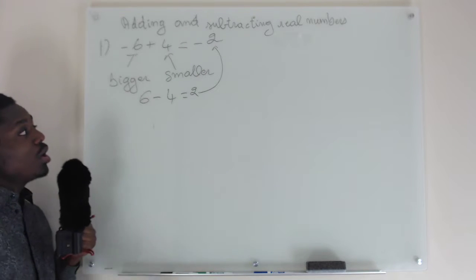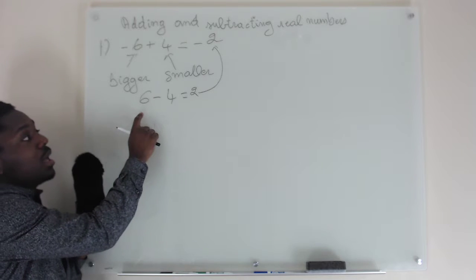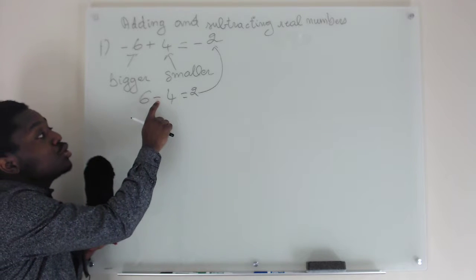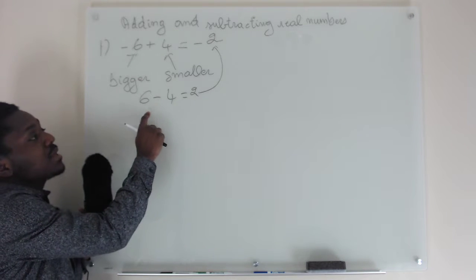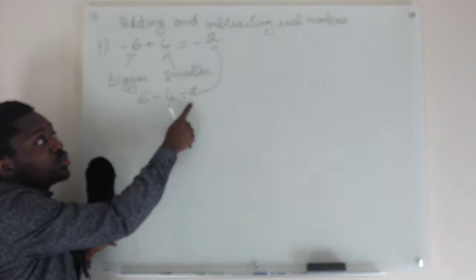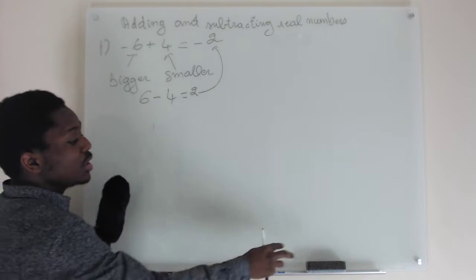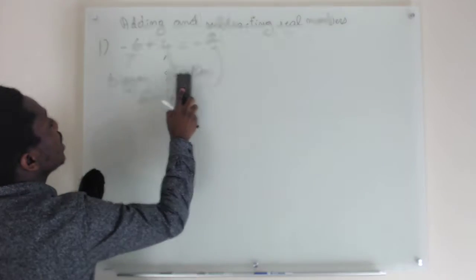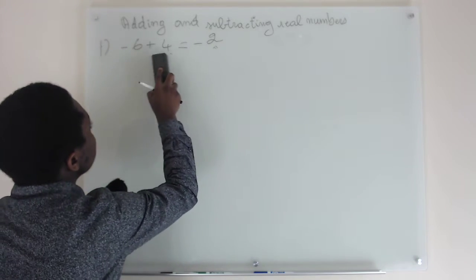Then you take the big number, write it down, and put minus the smaller number. 6 minus 4 is equal to 2. Then you take the number 2 and put it up here. Which means -6 plus 4 is equal to -2.